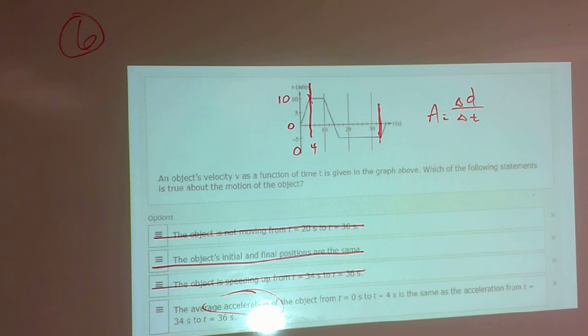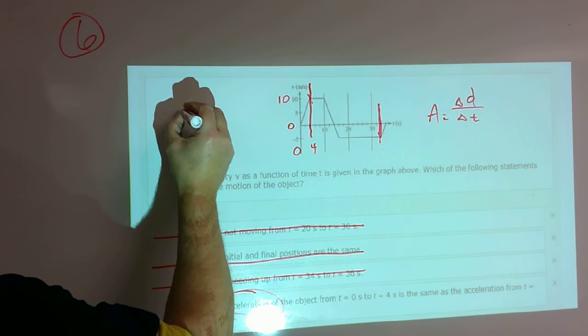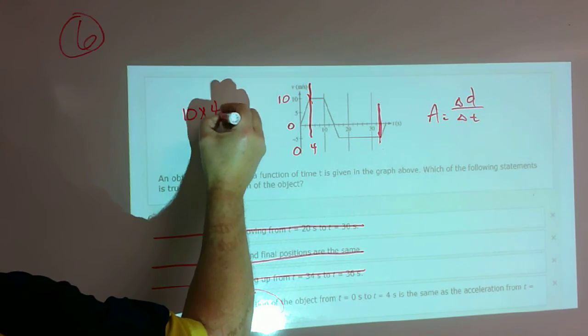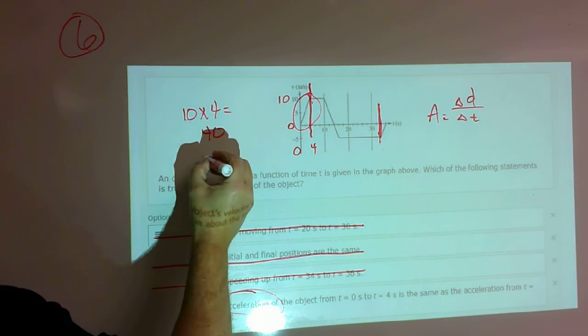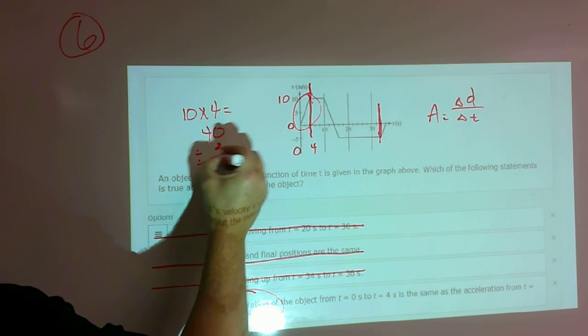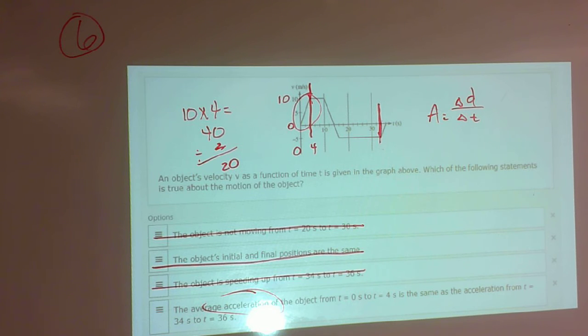I want to make sure that is correct. So we're going to multiply 10 times 4. That's how we figure out displacement, which is 40. Now it's a triangle, so I'm just going to divide it by 2. So it's going to be a displacement of 20.